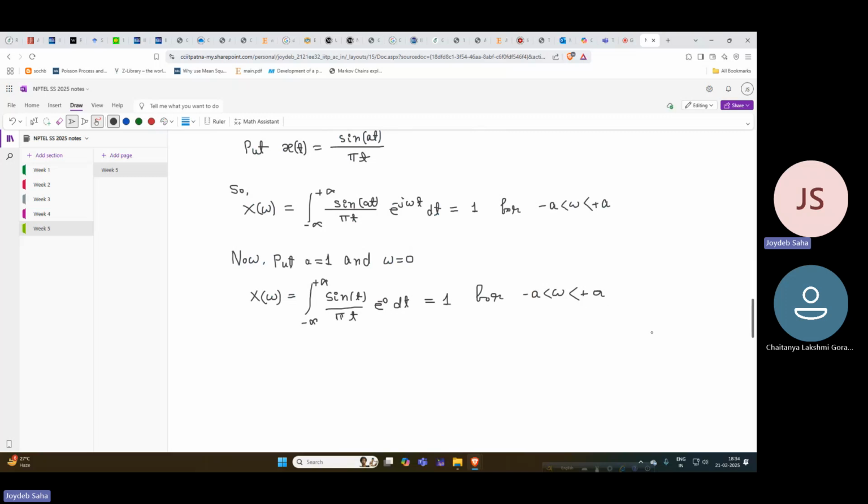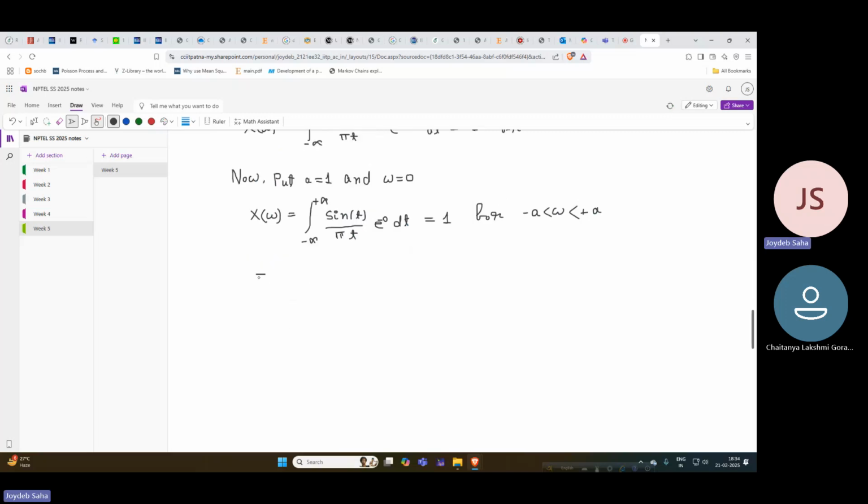Okay, fine. So we can write it like the integral from minus infinity to plus infinity of sin t divided by t, e to the power 0 means 1, is equal to pi.